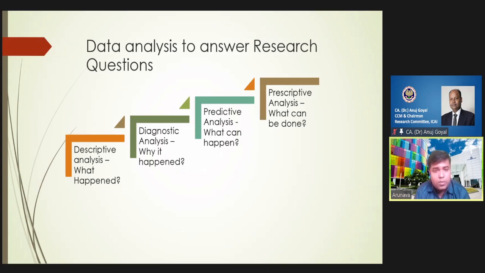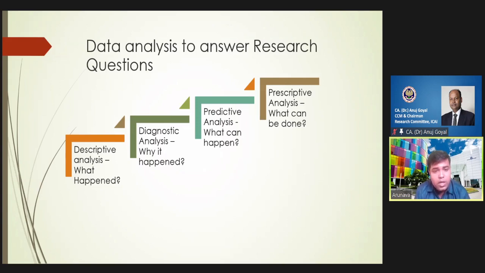There are different aspects of data analysis. In the first stage, we do a descriptive analysis. Descriptive analysis helps us understand what actually happened, what the problem is, and where we are coming from into this research. Then we deliberate into why something is happening, which is the diagnostic analysis.